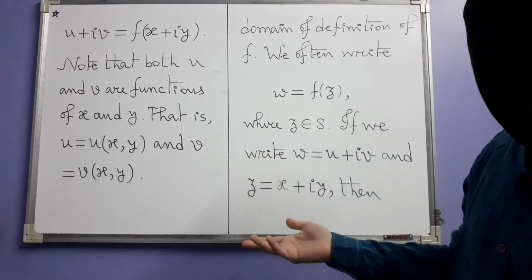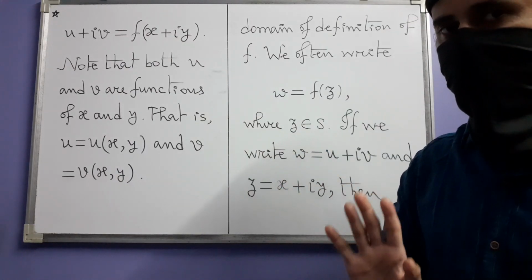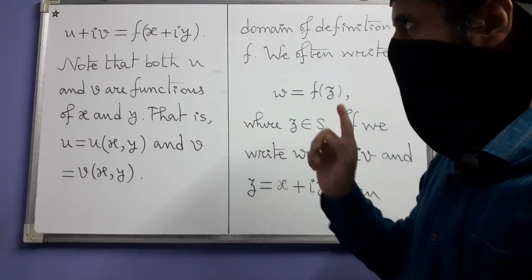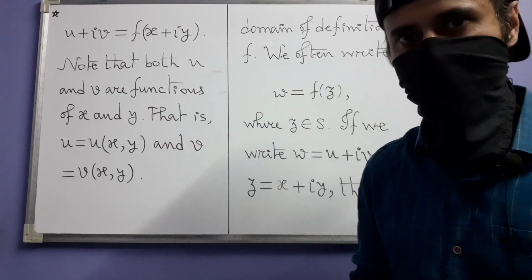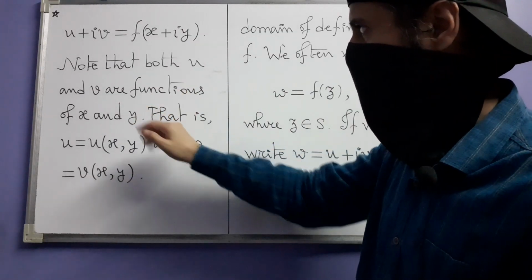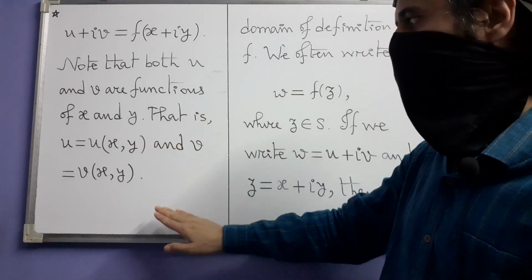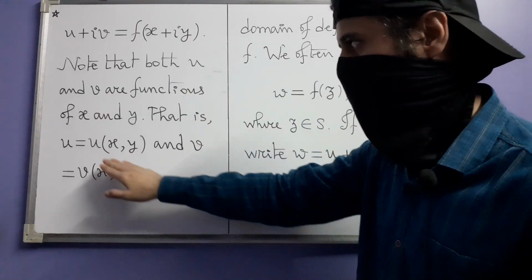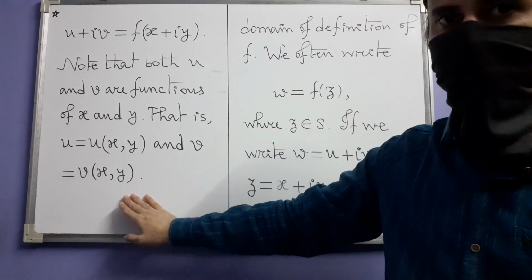It just simply means that if x and y are given, if some values of them are given, then you get a unique value of u and a unique value of v. In that sense, u and v are functions of x and y. And to show their dependence on x and y, we write like this. u equals u of x comma y and v equals v of x comma y.